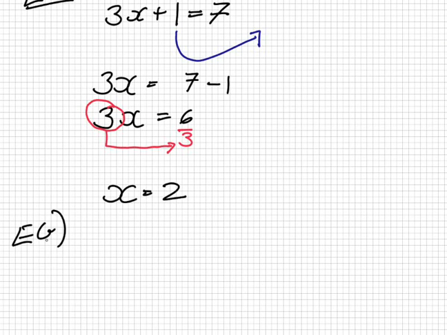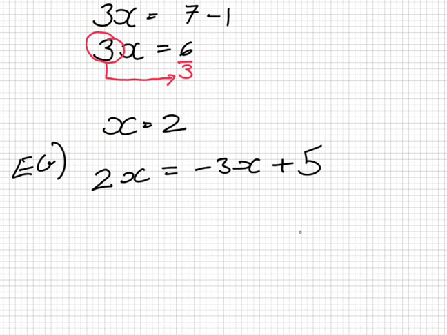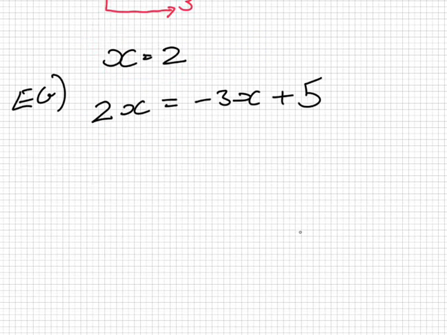All right, so next example. So this one's only a little bit more difficult. Since we are in the west, we will like our x's to be on the left.